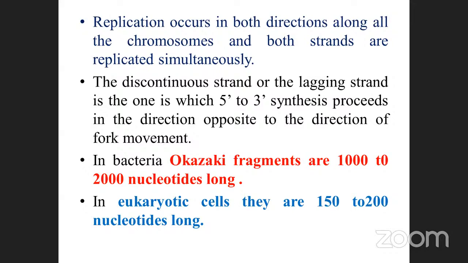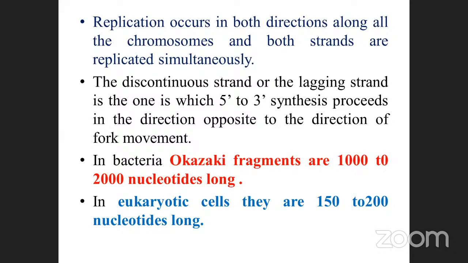The discontinuous strand or the lagging strand is the one in which 5' to 3' synthesis proceeds first in the direction opposite to the direction of the fork movement. In bacteria, the Okazaki fragments are 1000 to 2000 nucleotides long. See that?